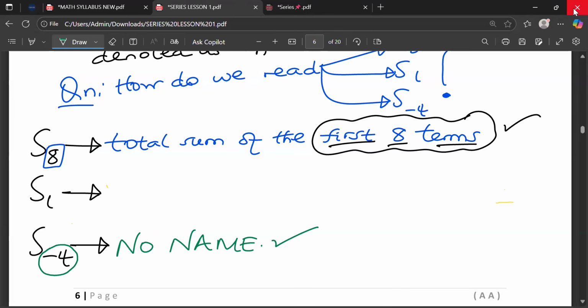Then the other thing I want to ask you people, this is S1, which someone can call sum of the first term. But are you aware that this is the same as the very first term?